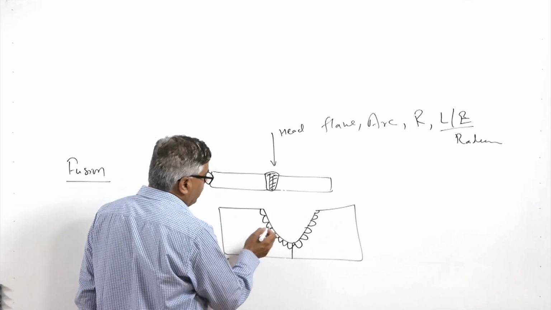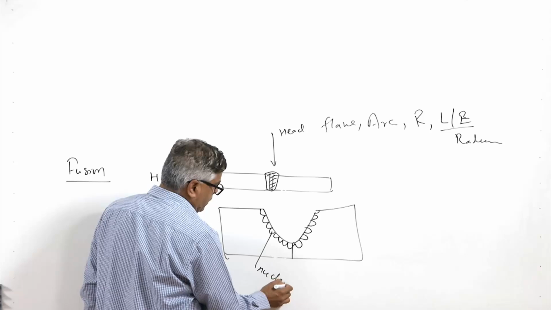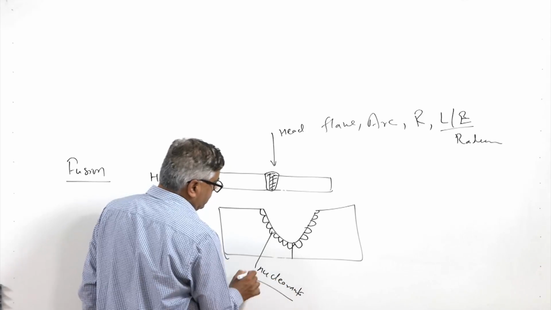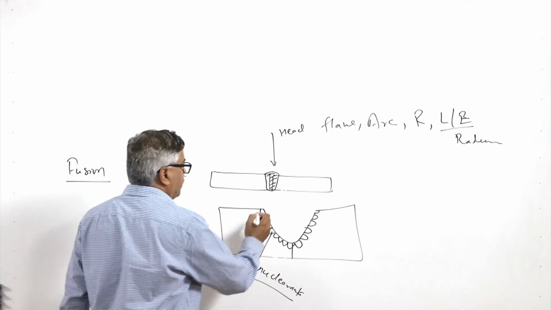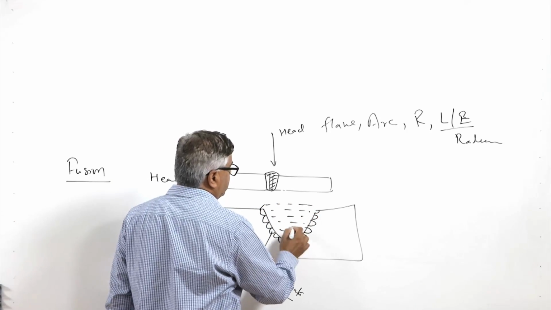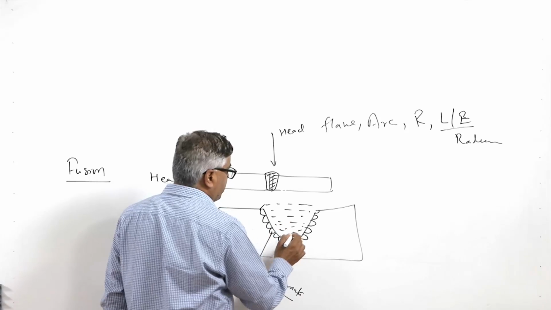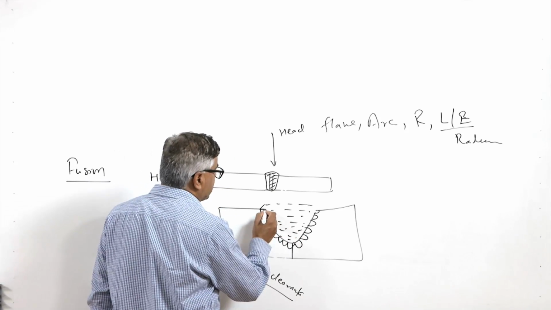These partially melted grains act as nucleants, and due to the loss of heat from the weld pool, atoms start getting deposited directly over these partially melted grains, so growth of the grains starts.